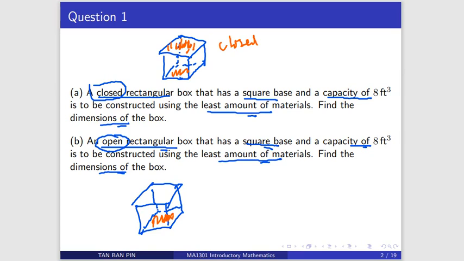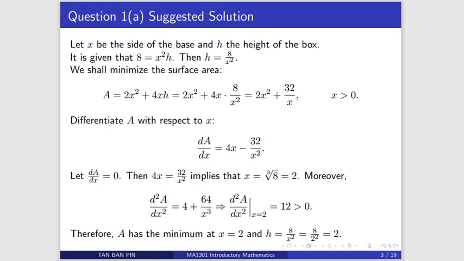So let's look at the solution and find what's the difference. You're given the box has a square base. So you let the side be x, and the height of the box will be h.